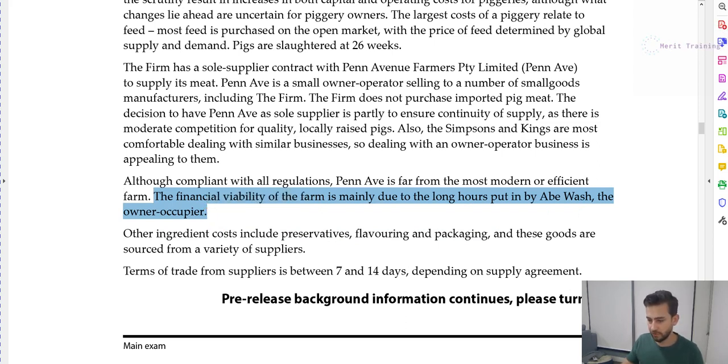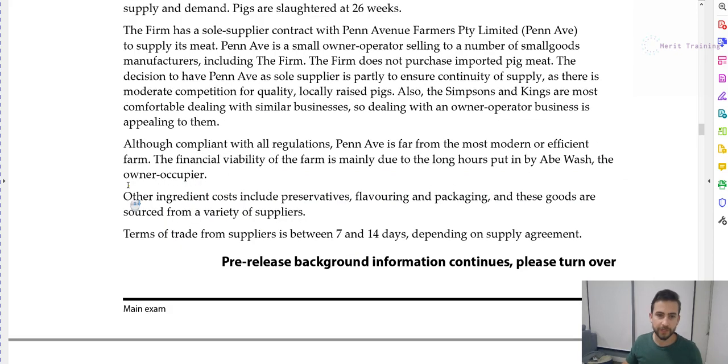If the entity is trading while insolvent, can they actually buy this business off Abe, if that's one of the options they're looking at? And also, if Abe starts wanting to get paid a salary, maybe the farm will shut down. So that's a risk. They've got all their eggs in one basket, and the basket is potentially financially insolvent.